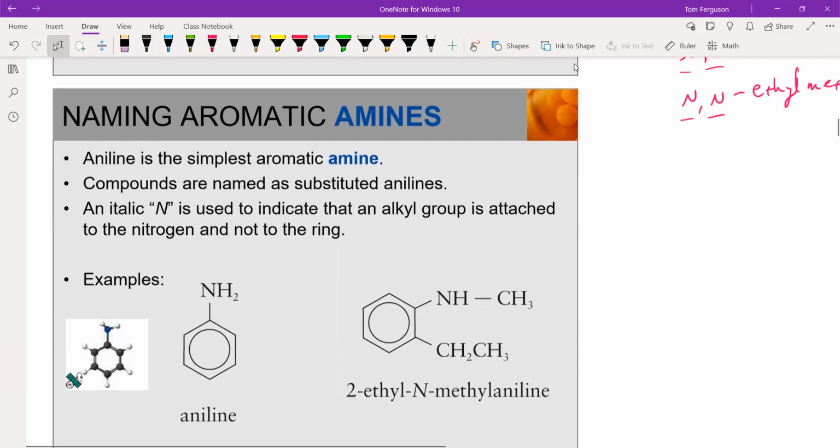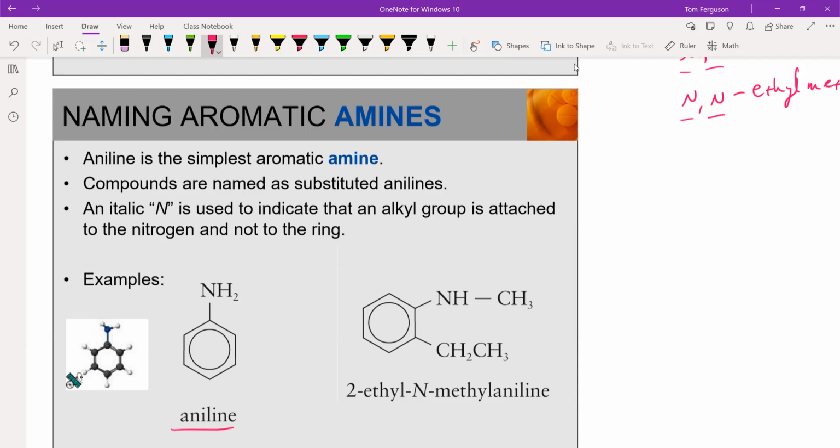Okay, as far as aromatic amines go, this is the most simple one. And instead of calling it aminobenzene, they call it aniline. So everything's going to be based upon the aniline, not the benzene part of the aniline.